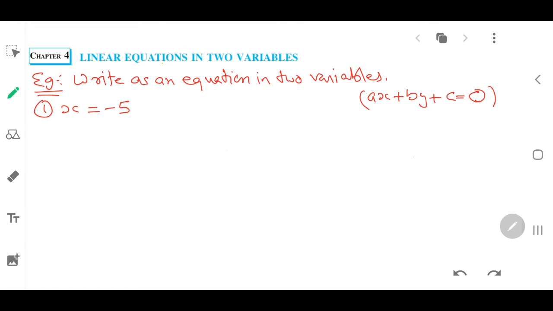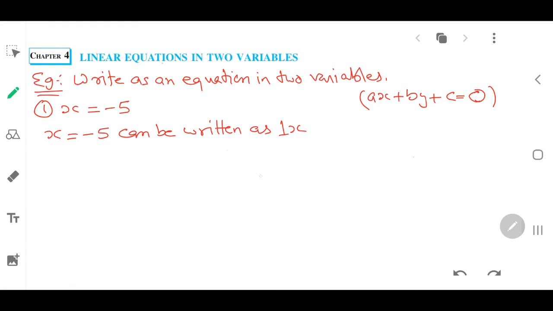Now here x equal minus 5 can be written as, one of the variables is already given, x, but in front there is no value, so you can write it in this form, 1x. Since no value has been given, you write 1x. Correct?